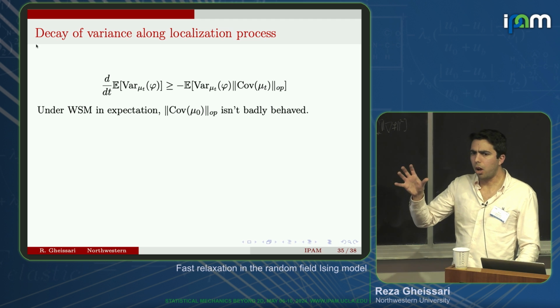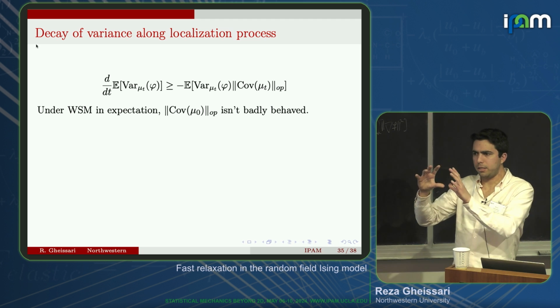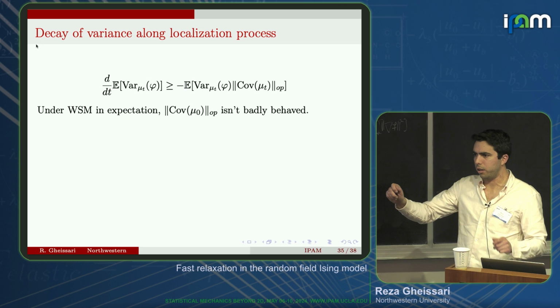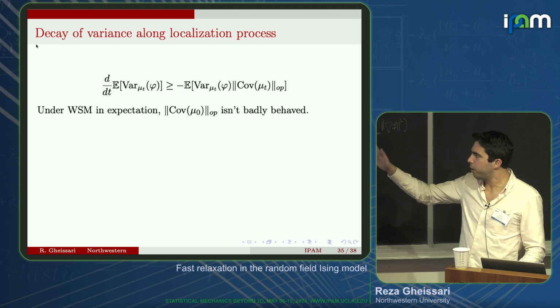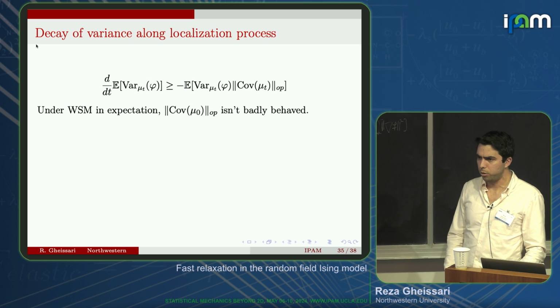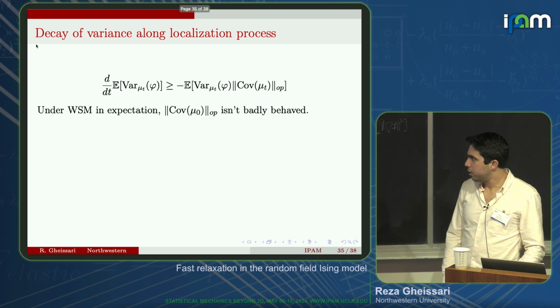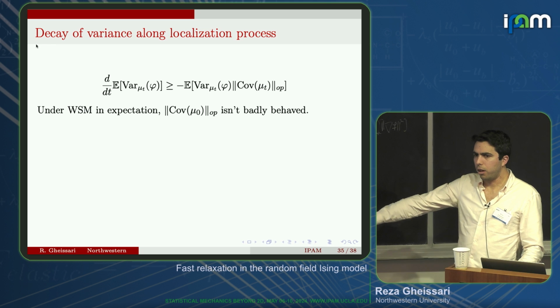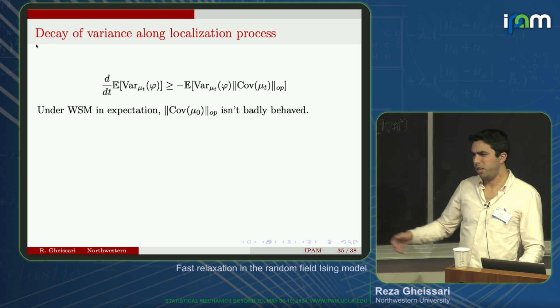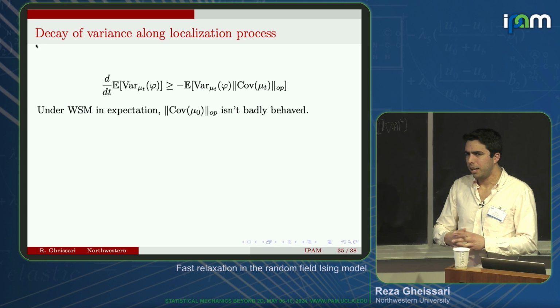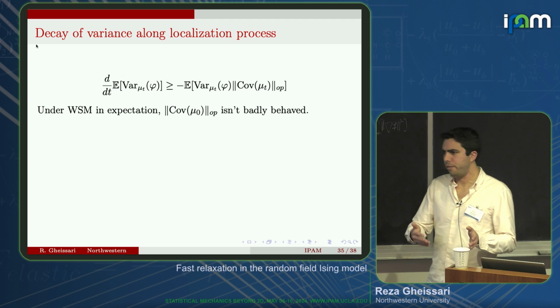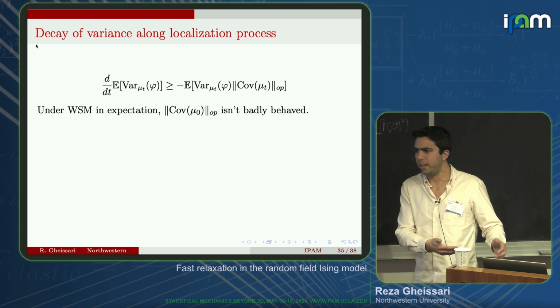It might have some logarithmic growth because of these small regions that have strong correlations, but in general, the covariance matrix isn't too large. Okay, so the tricky part is showing that along the stochastic localization process, you actually maintain this, because we're moving through a space of random field Ising measures, and it's not clear that they have their covariance matrix bounded by the initial one.